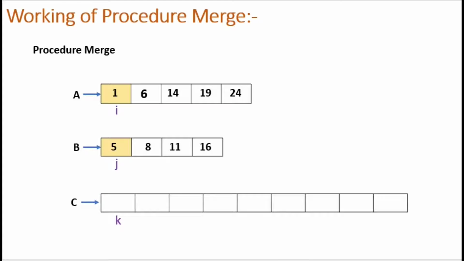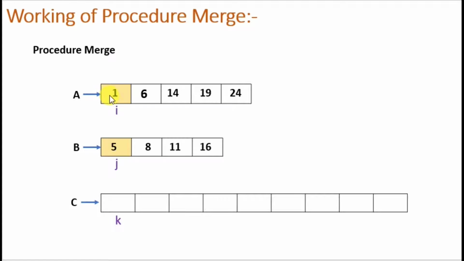Now compare A of I with B of J. A of I is less than B of J. So the condition is: if A of I is less than B of J, we are going to copy A of I into C of K. And we are going to increment I and K accordingly.